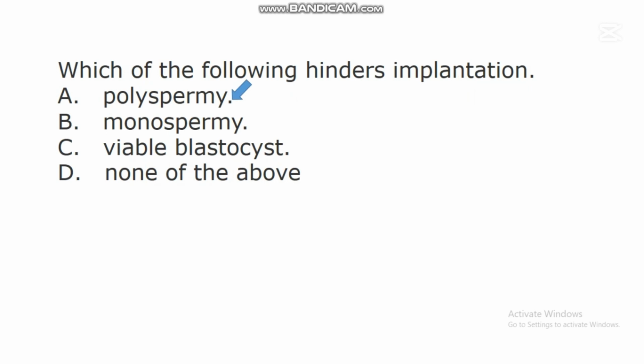So in some situations, this polyspermy hinders implantation because the normal thing that occurs is fertilization of egg by one sperm cell, not multiple sperm cell. But this condition has the ability of hindering implantation.